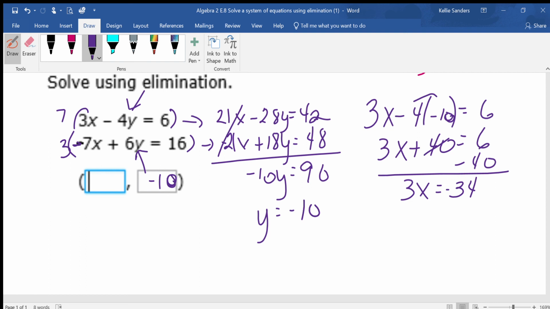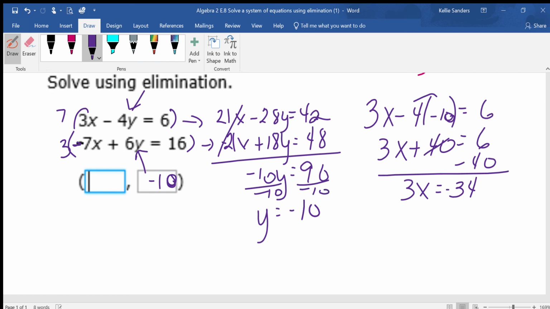7 times 3, 7 times 4, 7 times 6, 3 times 16. Both those are positive. 42 plus 48 is 90. Negative 28 plus 18 is negative 10. That's what I get for being so fast.